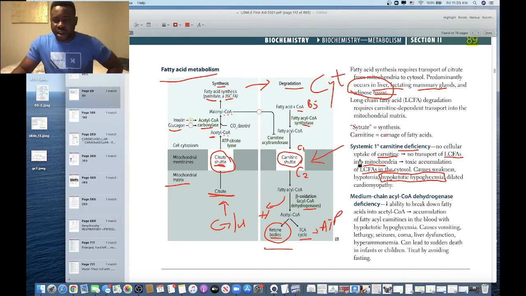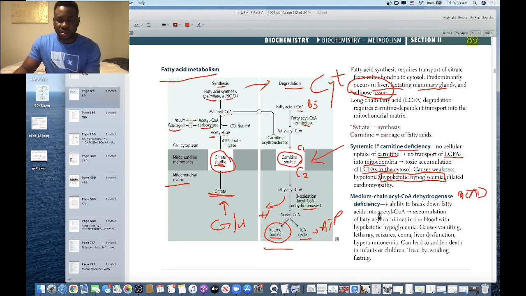So it's either primary carnitine deficiency or medium chain acyl-CoA dehydrogenase deficiency, and we just call this one simply MCAD deficiency. MCAD. So please take note.